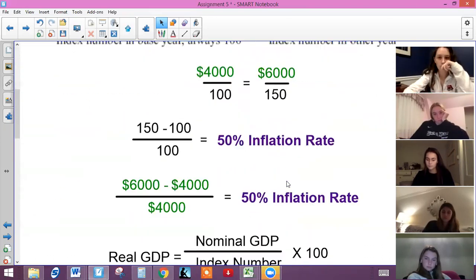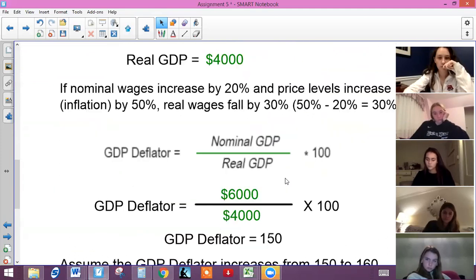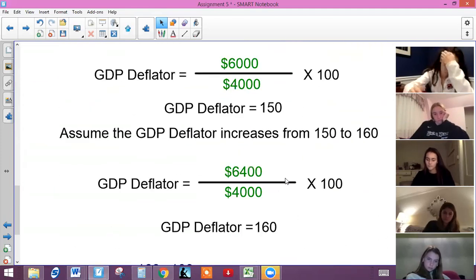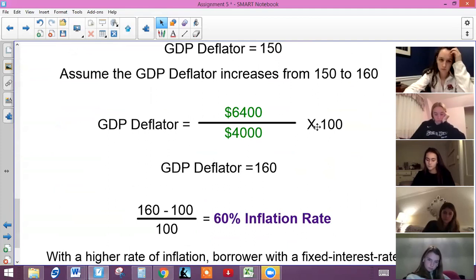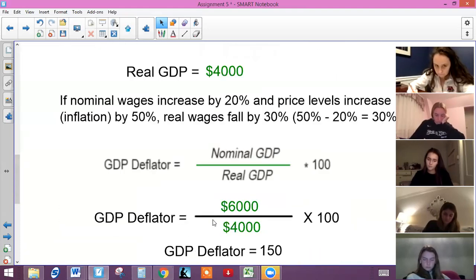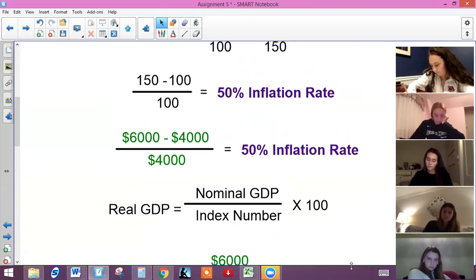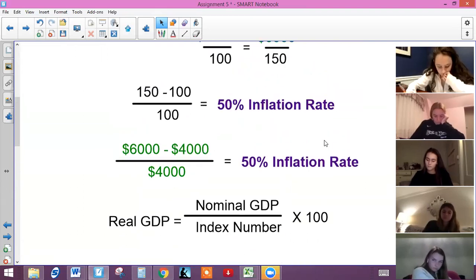So we know that when the GDP deflator goes up, that tells us that we have a rate of inflation. We can figure that out just by looking at the percentage change between 160 and 100, as you know, instead of up here when we did 150 and 100 and got a rate of 50%.